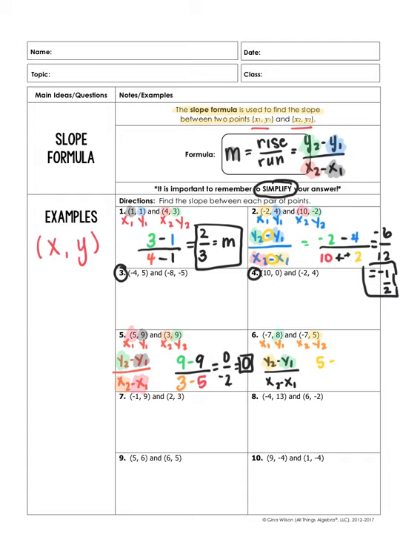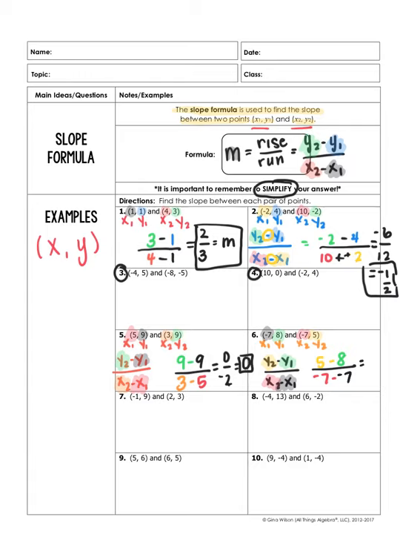So 5 minus 8 all over. Then it wants me to do x2, which is negative 7, minus x1, which is negative 7 in this problem.